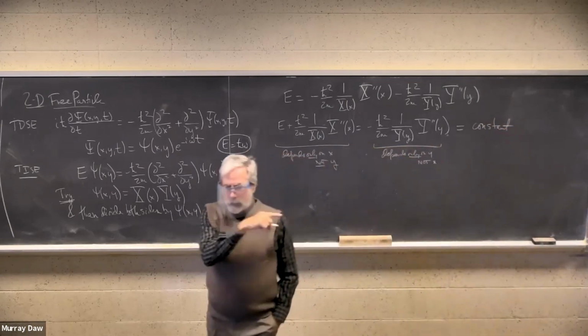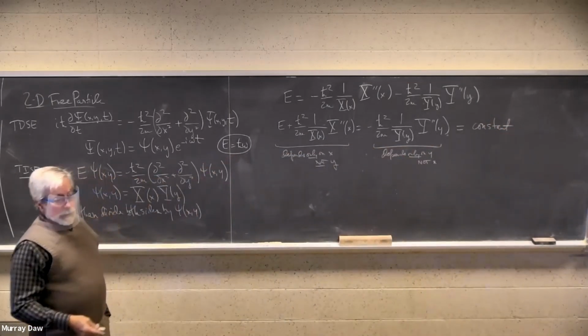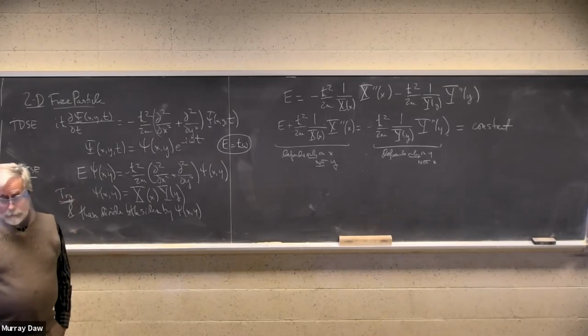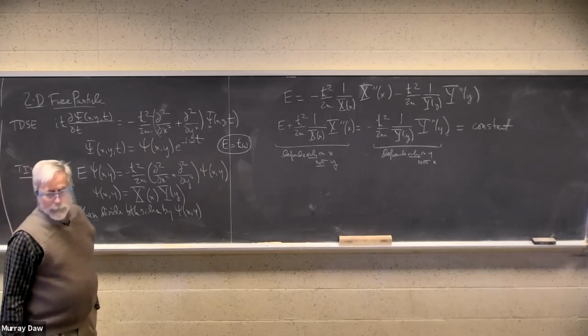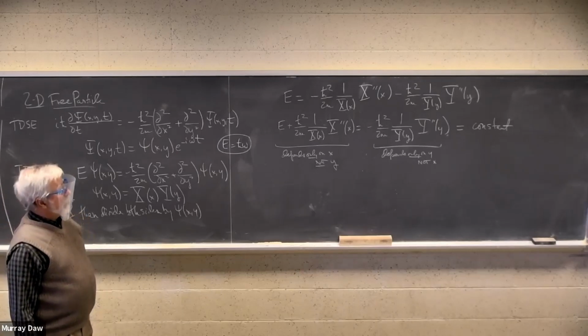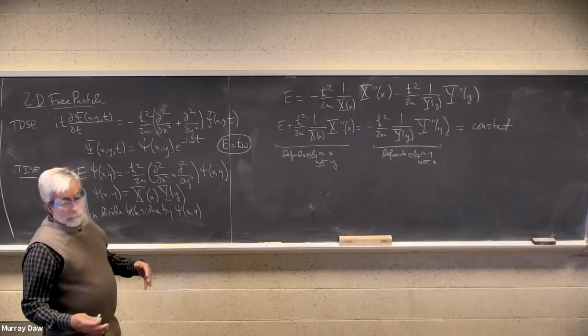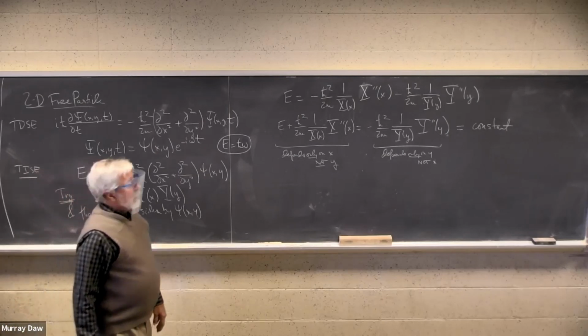The constant is different than the one before. It's a constant that doesn't depend on X or Y. See that argument again? It's the same argument. Really very convenient to do this.